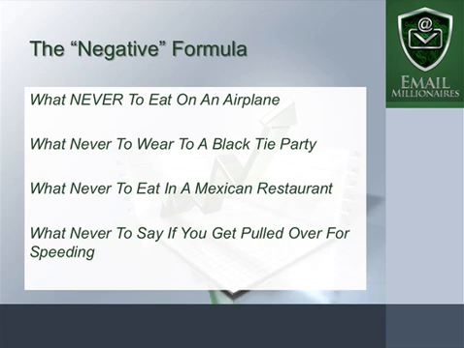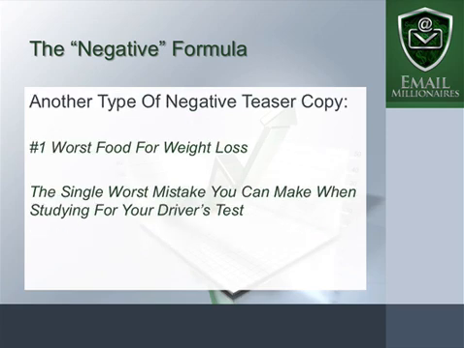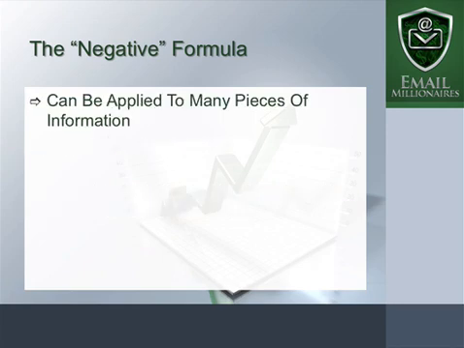And really the possibilities are endless. Here's another type of negative teaser copy where we don't actually say what never, but it takes on that same negative formula. The number one worst food for weight loss, or the single worst mistake you can make when studying for your driver's test. So I think you get the point of where you could take this negative formula.